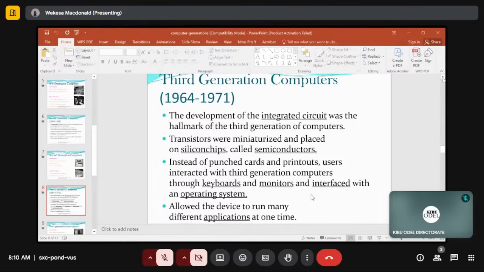Kwa sasa anaongea what is IC, what is a semiconductor. Sawa. So they were using what's called IC. They were using silicon chip or maybe a semiconductor.